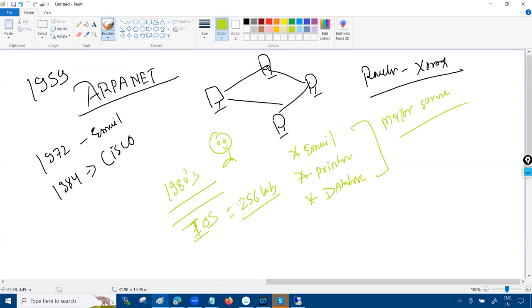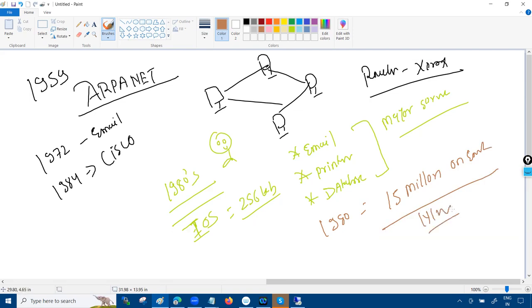Gradually Cisco made a lot of improvement in the iOS. They made it 1 MB, 10 MBs. And in the 90s time, what happened? We had almost 15 million users on the earth who were using the internet services, networking services.